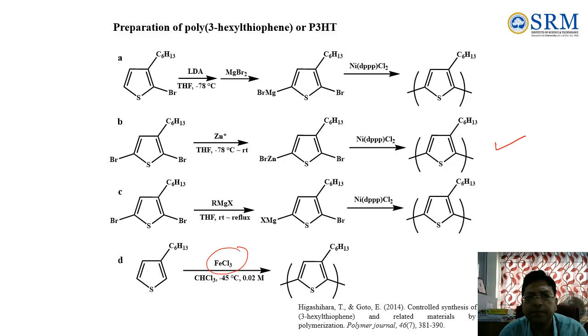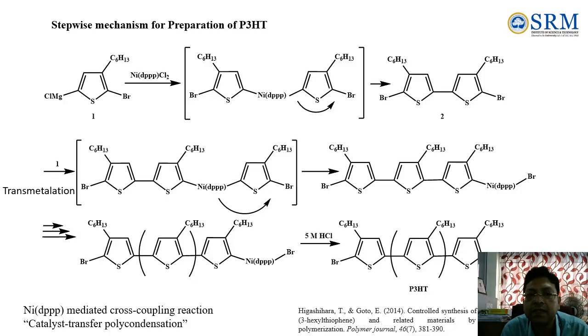So if we see the stepwise mechanism for preparation of P3HT, as I said before, it involves the nickel catalyzed cross-coupling reaction in presence of Grignard reagent starting from the halogen substituted thiophene monomer.